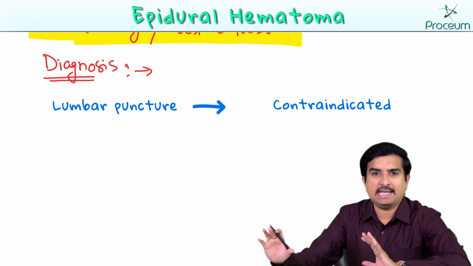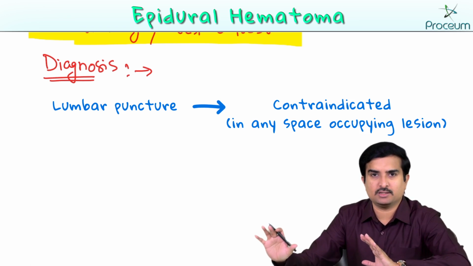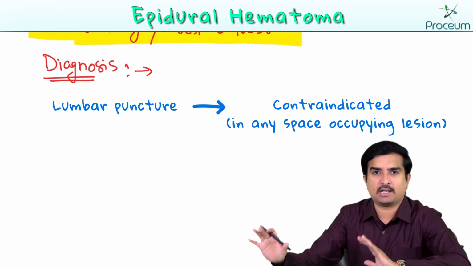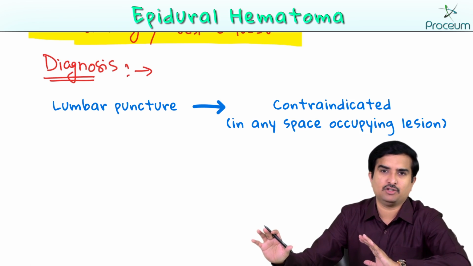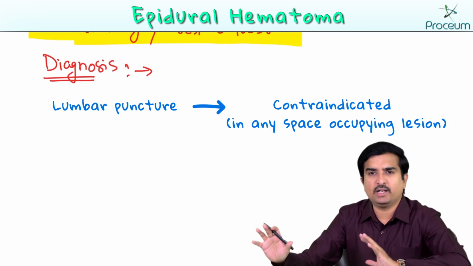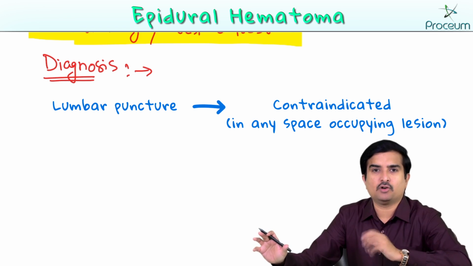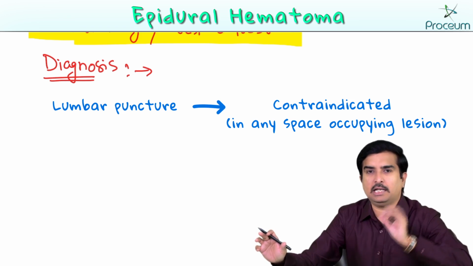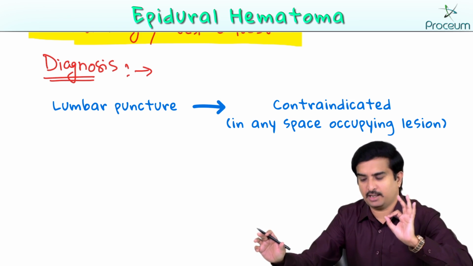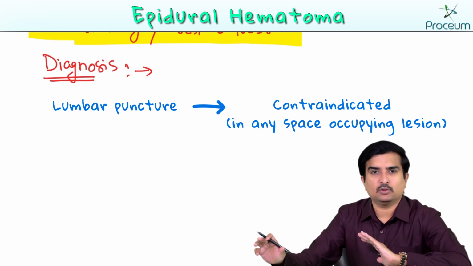Not only in this, any space occupying lesions, right? Whether it is epidural hematoma or subdural hematoma, whenever it is suspected, because of the risk of herniation, lumbar puncture is contraindicated. So remember, in the diagnosis, we are not going to perform lumbar puncture.